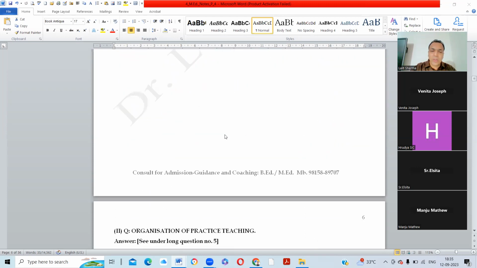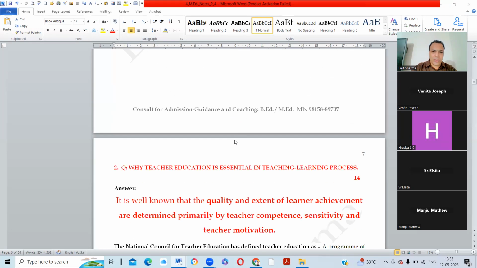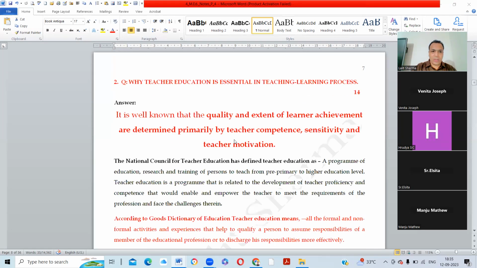It helps to know the students well. Right? So these are all things. The second is a long question that came last year: why is teacher education essential in the teaching learning process? Again, it is very simple. Okay. So now the concept is clear to you. Then you can easily define why teacher education is essential in the teaching learning process.